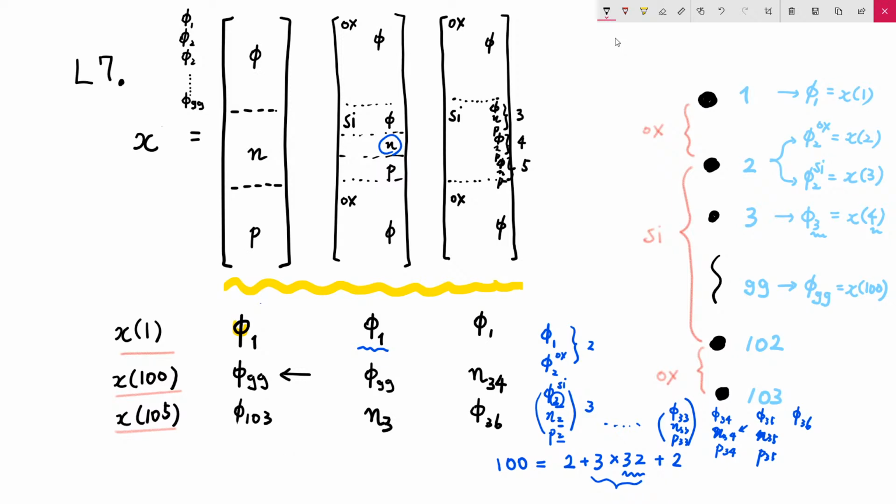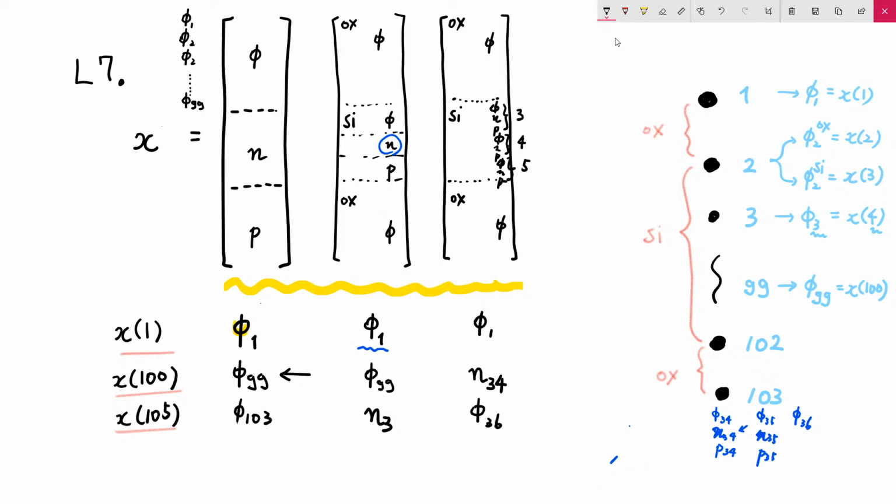So finally, our lesson out of this long discussion is that we have to keep the information about our unknown variables. So you can think about it this way.